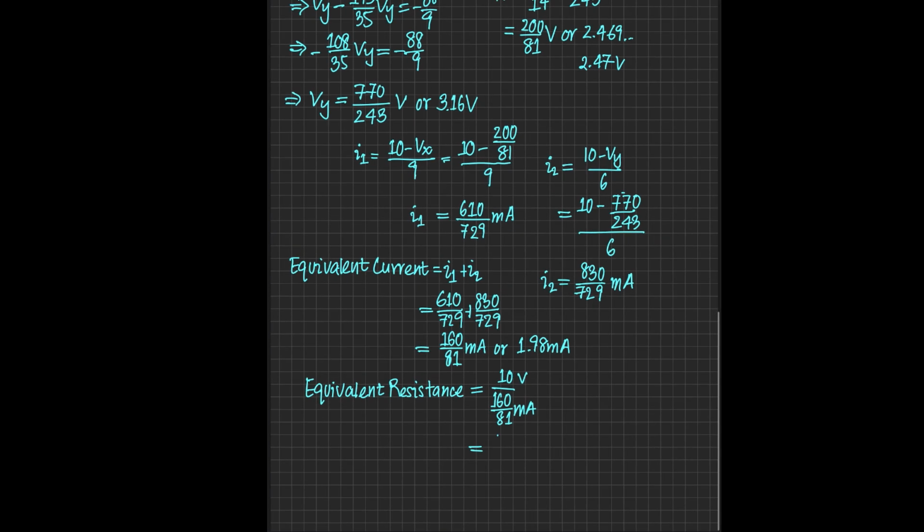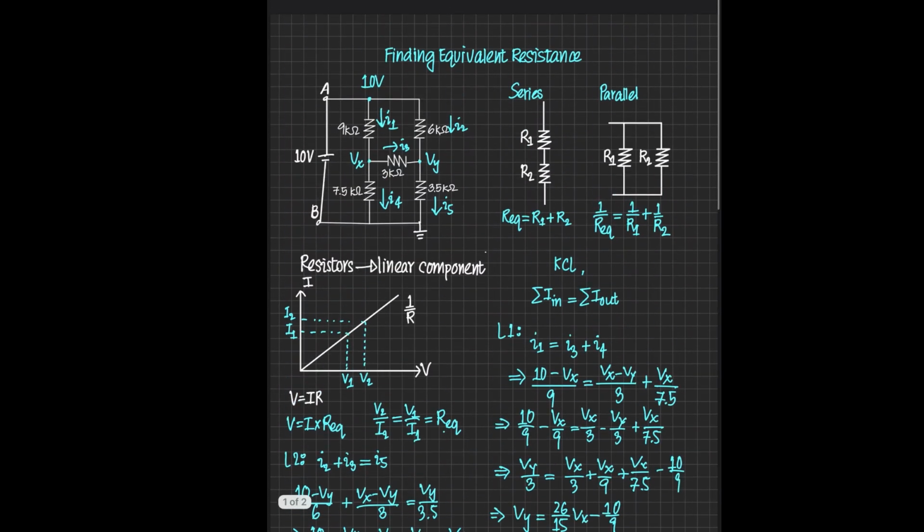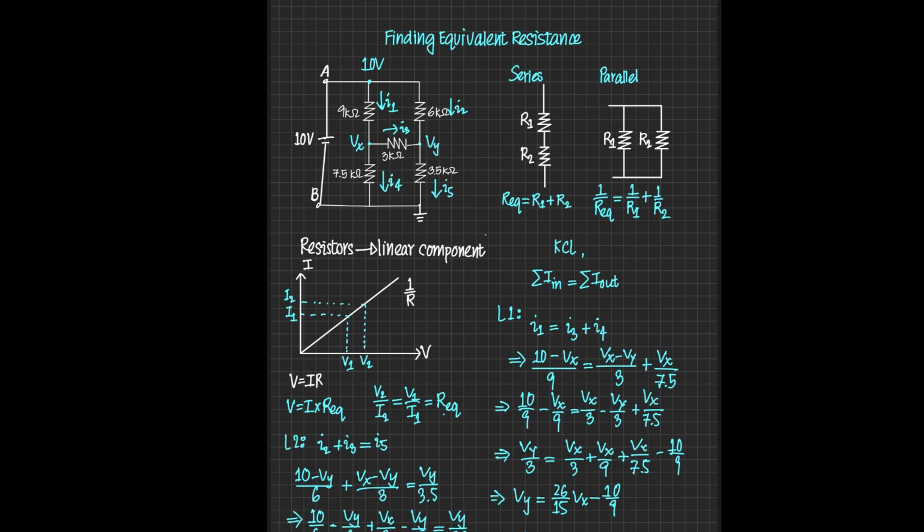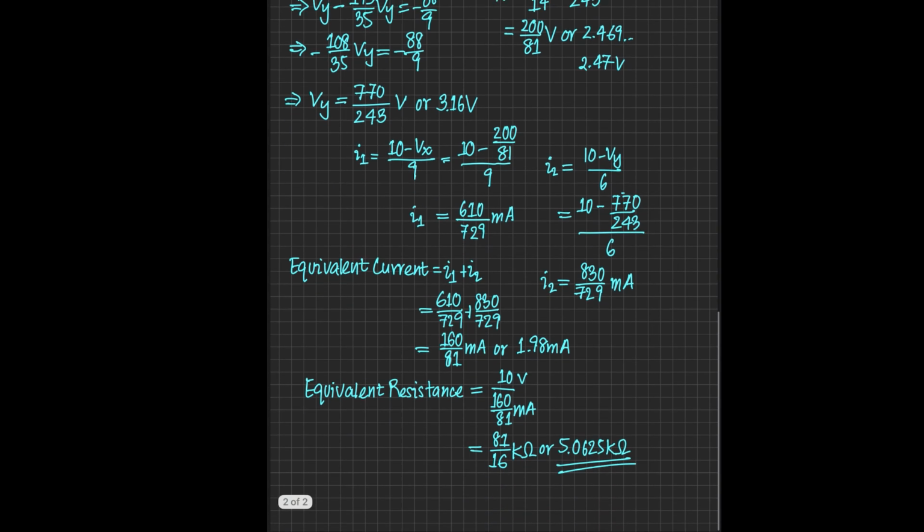That is 81 by 16 kilo ohm, or simply 5.0625 kilo ohm. This is the final result and the final answer to the problem. Note again, you can apply any voltage like 20 volts, 30 volts, or 5 volts, and you will always get the same answer, 81 by 16 or 5.0625 kilo ohms.